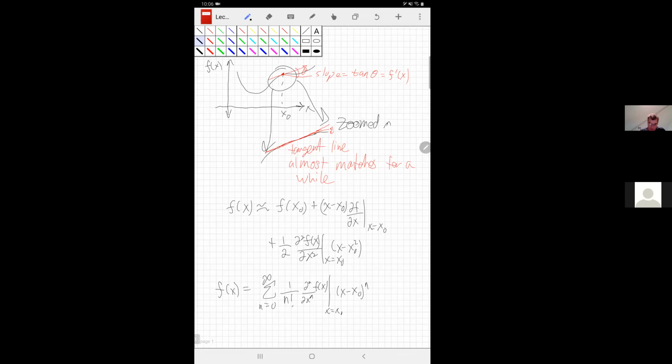And we have to be a little bit careful with some definitions. 0 factorial equals 1, and partial to the 0, partial x to the 0, f of x is just f of x. So the 0th order derivative is basically saying don't even take a derivative. And you might say, well, how do we fit that in logically? What does it really mean?